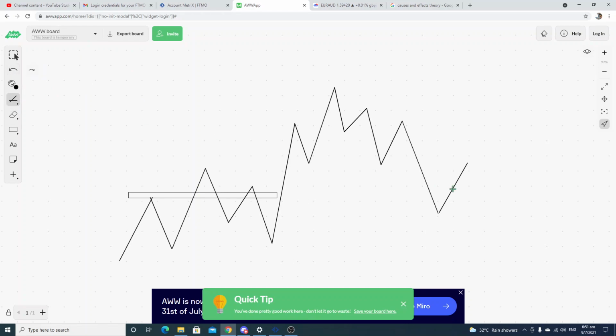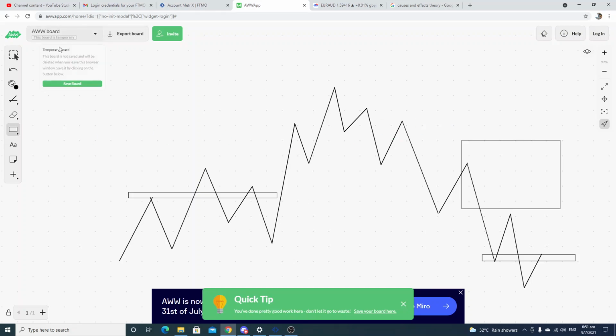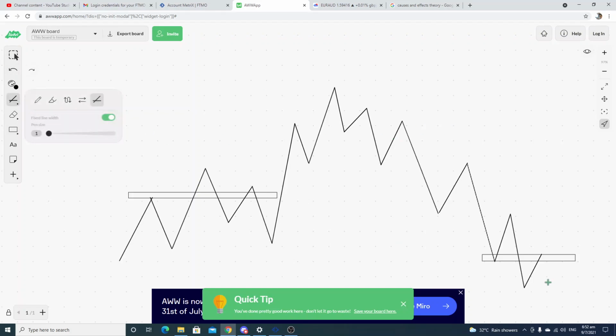If you want to see it as a downtrend, price needs to pull back and break this and then come back here, then you look for a sell. Not here, wait for it to pull back.